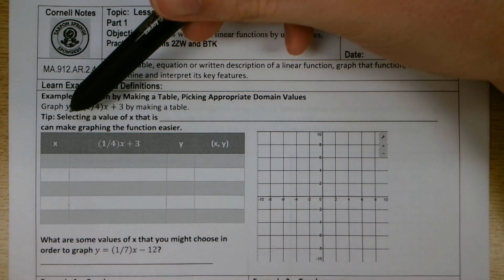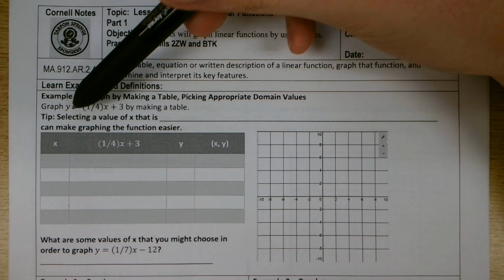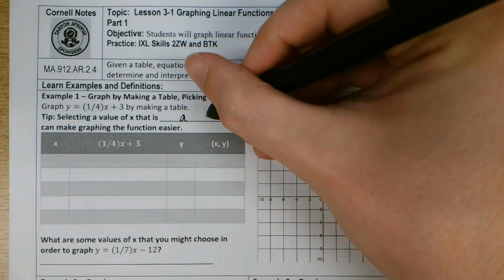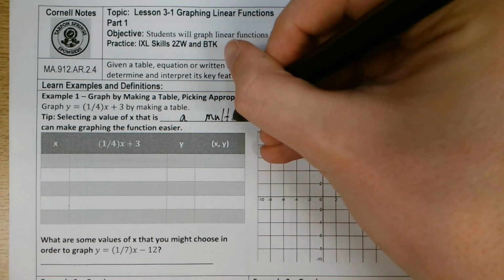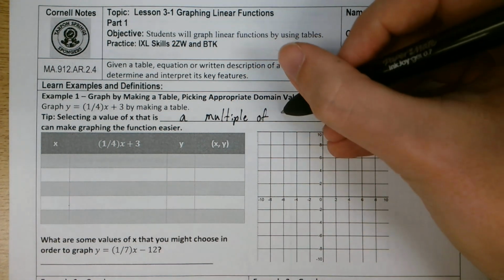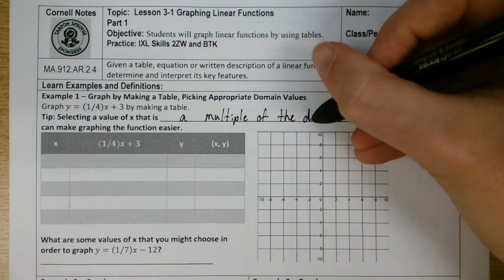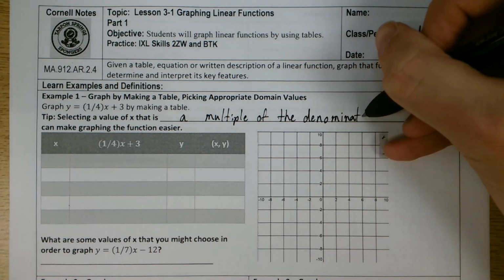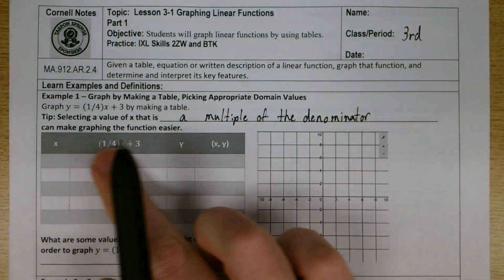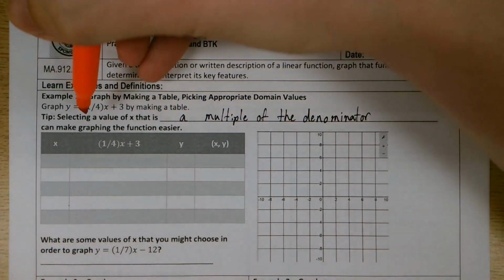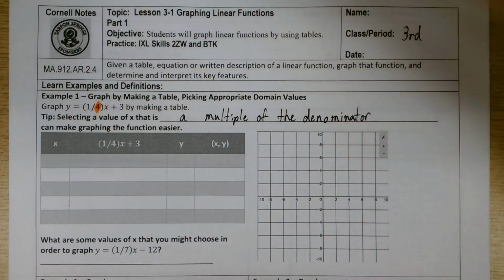The tip we have is that if you're going to select an x value, selecting a value of x that is a multiple of the denominator can make the graphing of the function easier. What I mean by that is that our denominator here is 4.